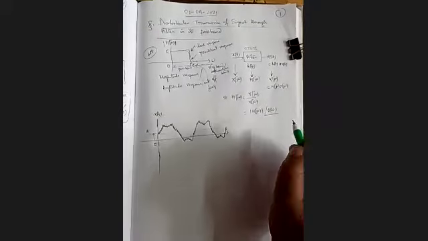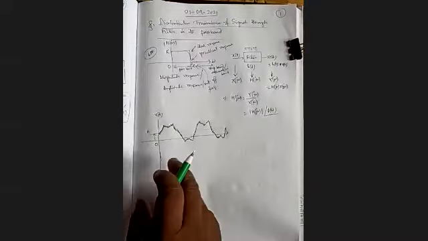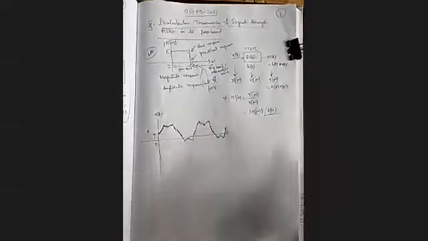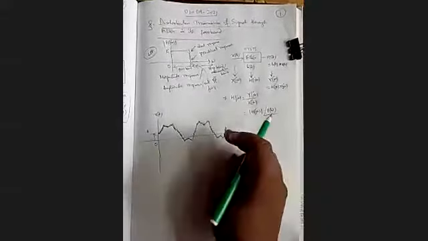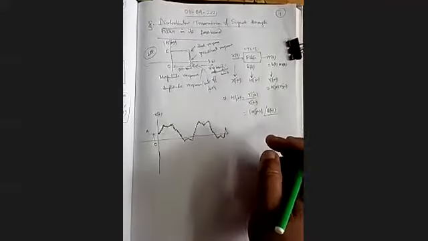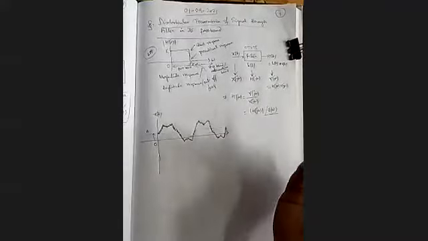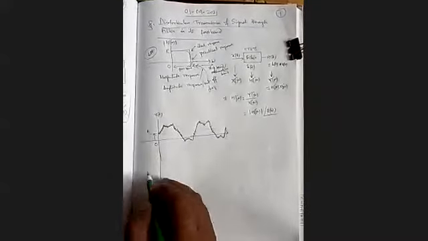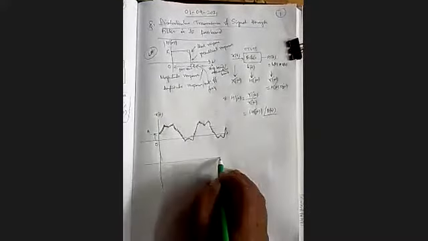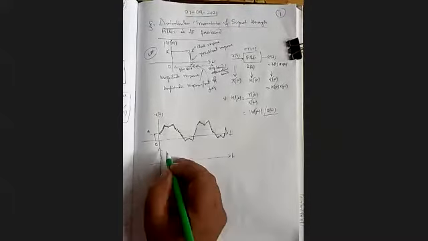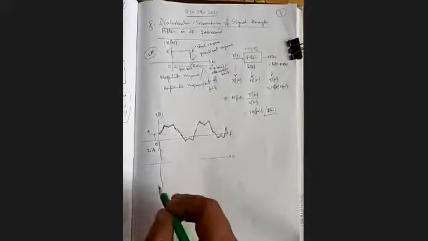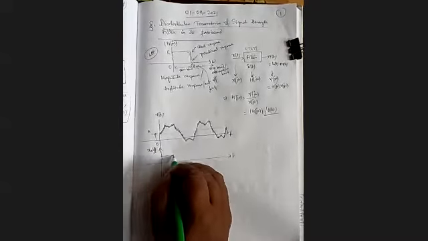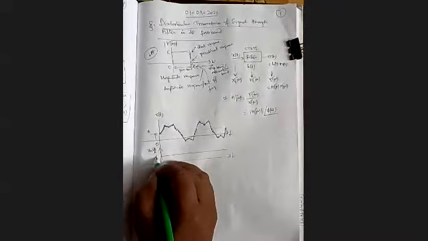Now if we decompose this input signal x(t) in terms of Fourier series, it is a periodic signal, so we can decompose it into various frequency components or harmonics. First we get x0, the zero frequency component, which is nothing but the DC component, which amounts to some constant value a.